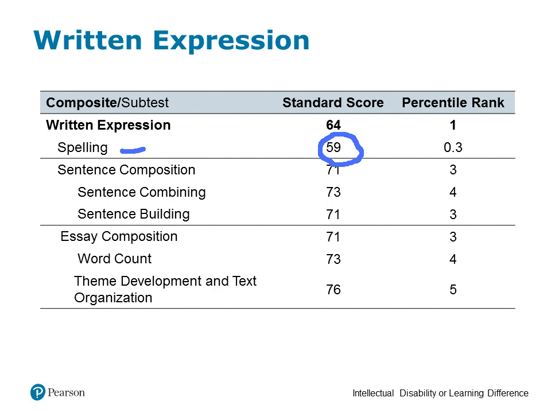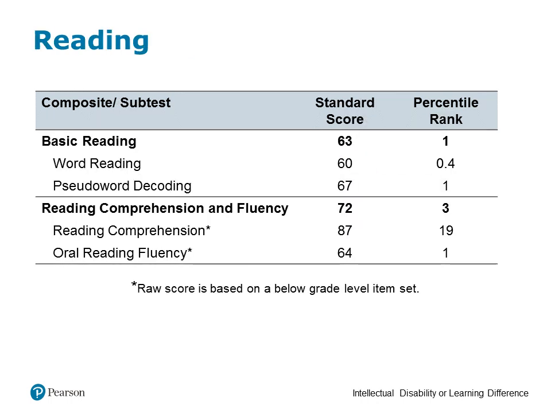So you're actually integrating the phonological, what you hear, with a visual representation, the orthographic representation. So think about spelling and how a weakness in spelling might actually impact his performance on both sentence composition and essay composition. The other area on which you want to focus is reading.